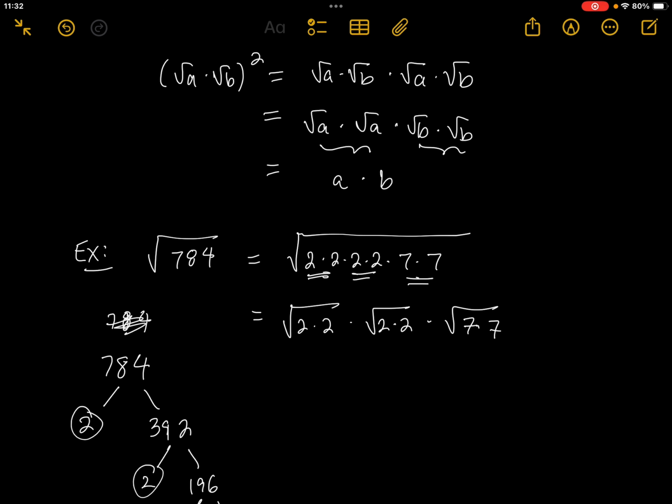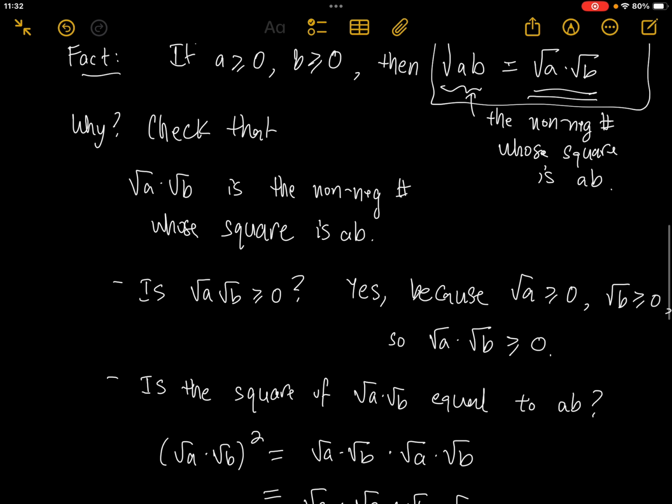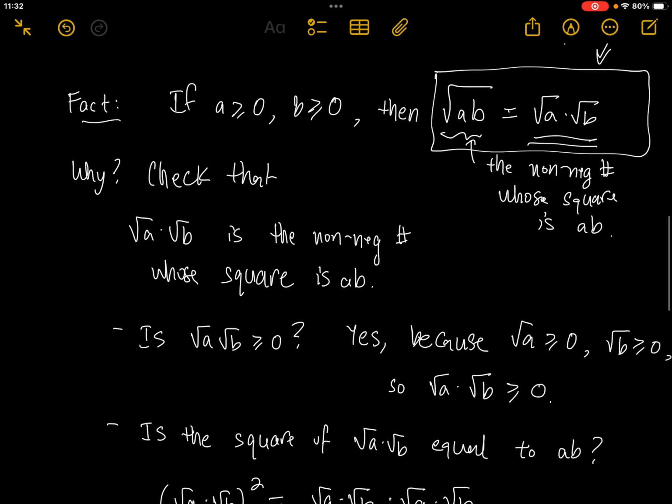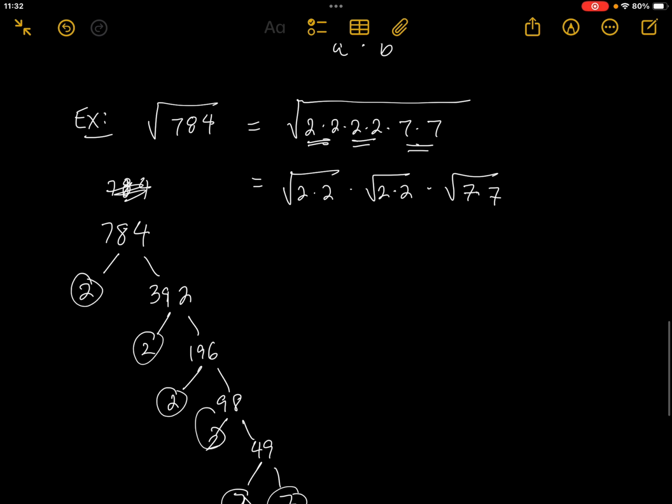I'm allowed to do this because of the fact above, that when I have a product, I can split up the square root into the product of each of the individual square roots. Now I have the square root of 2 times 2? Well, that's just going to be 2, because when I square it, I get 2 times 2.